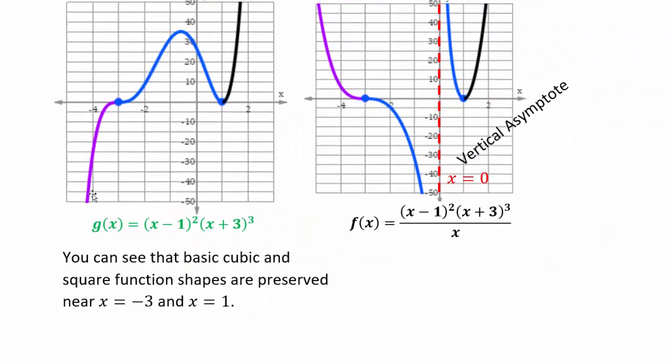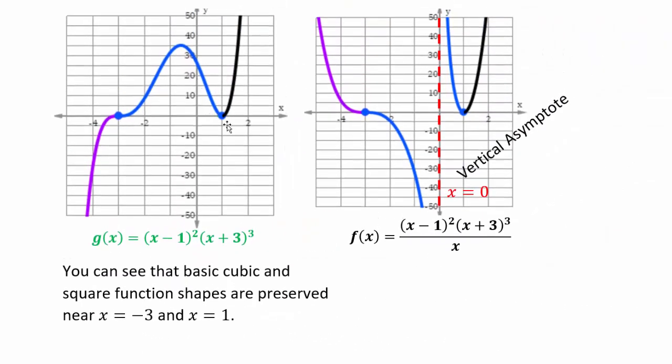So here's our graph, (x minus 1) squared and (x plus 3) cubed. And if you multiply by 1 over x, which is the same as division by x, at x equals 0, you will have a vertical asymptote. But if you look very carefully, this graph preserves the cubic aspect at x equals negative 3.